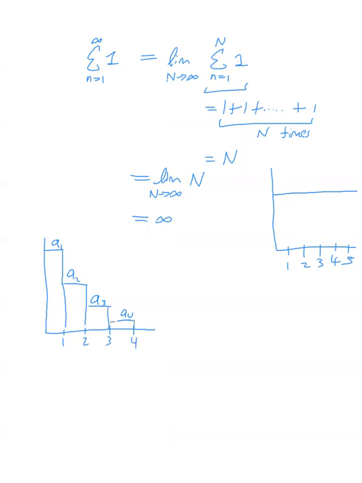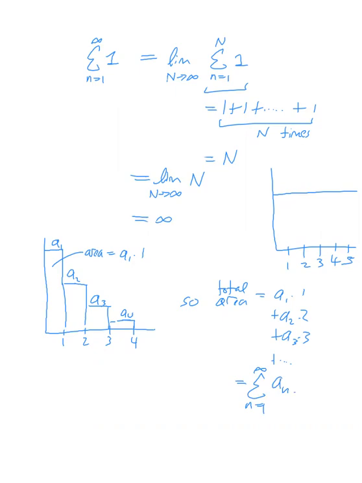So actually, this area is just a1 times 1. So the total area is a1 times 1 plus a2 times 1 plus a3 times 1, and so on. This is equal to our series that we just defined. So series is equal to area under the sequence.